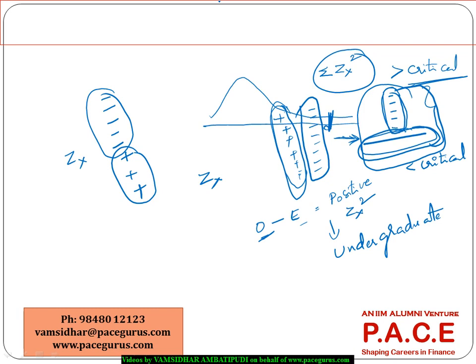But what we are seeing is three major drawbacks can occur because of that. One, as I have already highlighted, some large deviations may be overlooked because many other deviations are very, very small. Or probably the entire data may be overgraduated or undergraduated, but overall sigma zx squared may not be greater than the critical value.